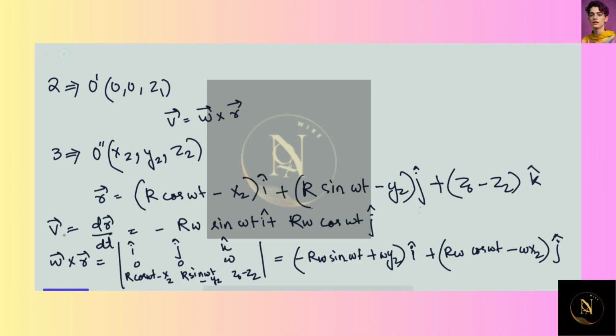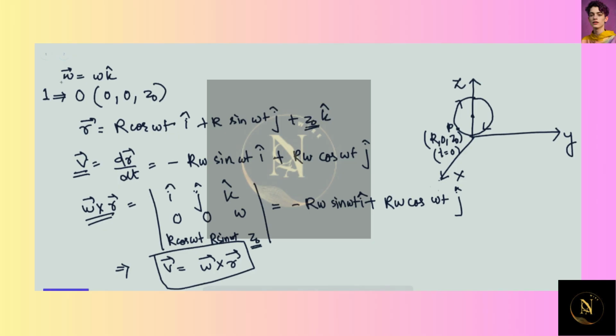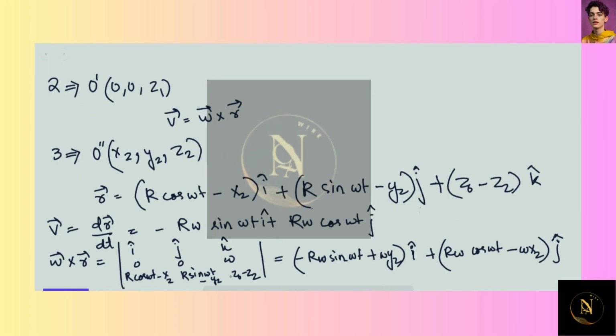Now we do the same thing, differentiate r with respect to t to get the velocity vector. So we find an expression that is the same as what we found before for the velocity, and we do the same thing for omega cross r using the determinant rule. However, for this case, omega cross r is different now.